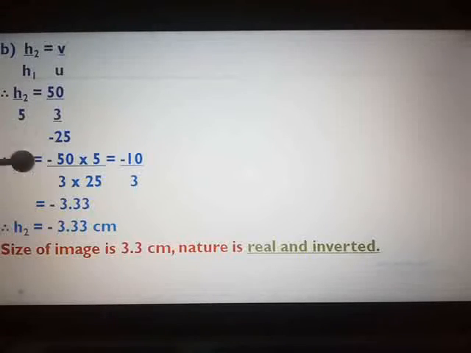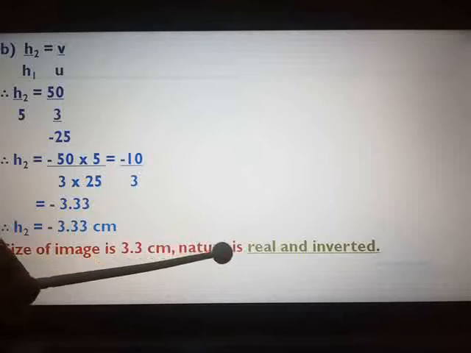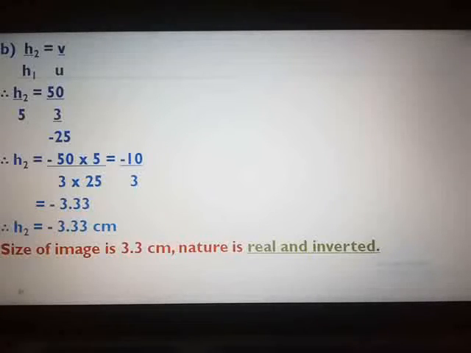Now do the calculations as you wish and you will get the final answer as minus 3.33 centimeter. Now even though you get the value of height as negative, while writing you will always write positive answer because distance is never negative. So size of the image is 3.3 centimeter and nature is real and inverted.